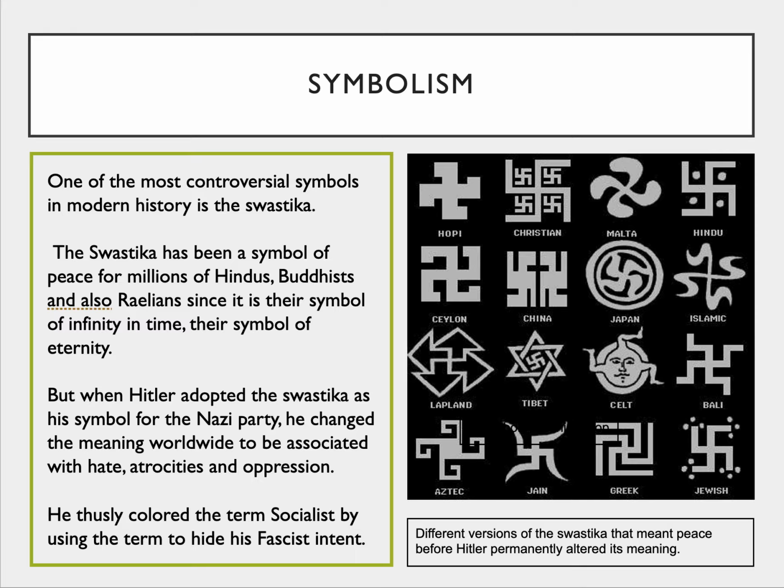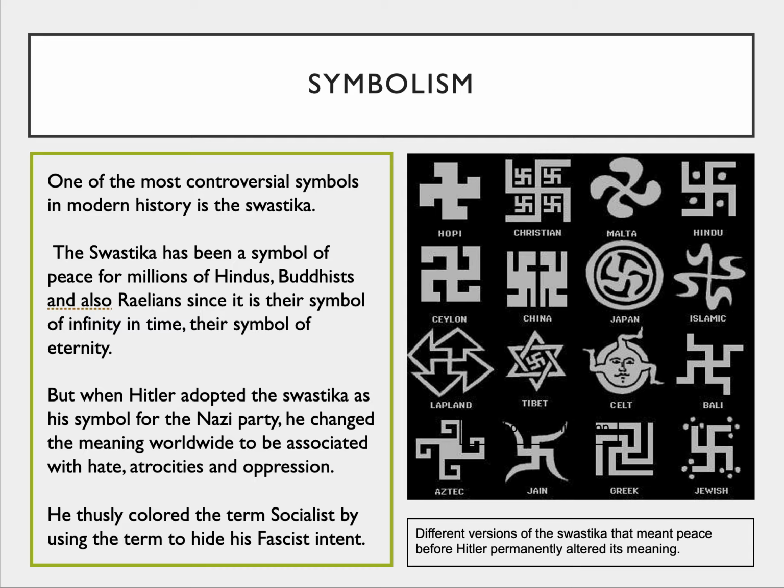Okay, so here's how important symbols are. And you will see floor plans that have been shaped like the swastika, because before Hitler, it actually meant peace or eternity. So there are floor plans that are laid out based on that, because, why not incorporate peace into your work?